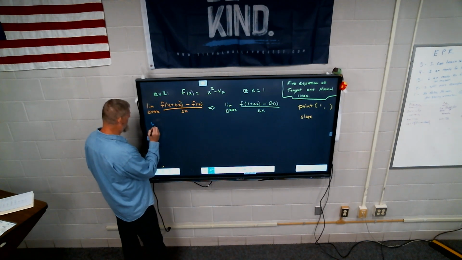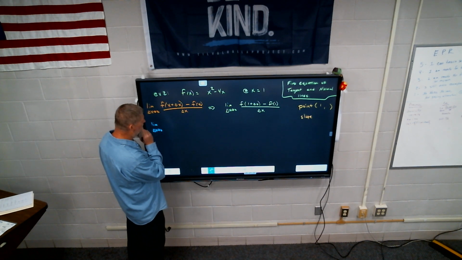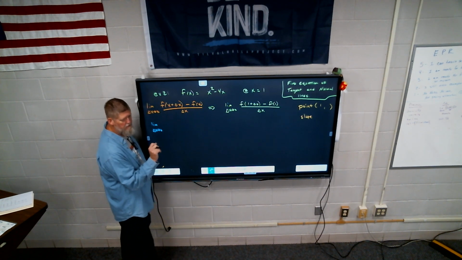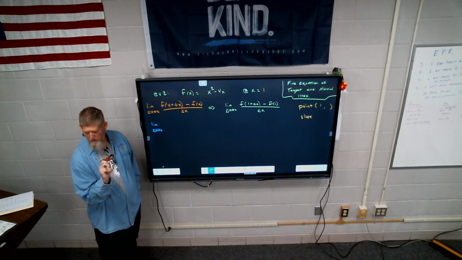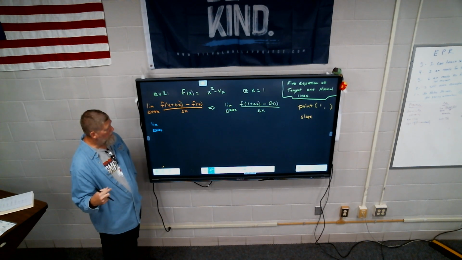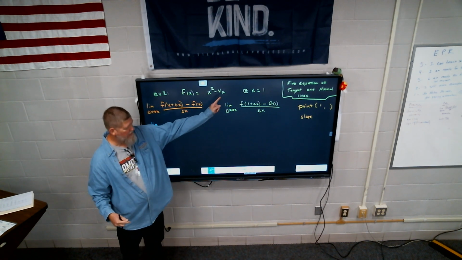So then I'm going to have the limit as delta x approaches 0. What do I now do with 1 plus delta x? Lachlan just told us. Plug in 1 plus delta x every place you see x.